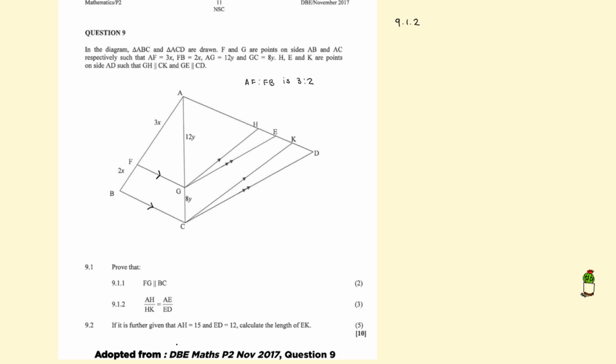So let's start off by looking at the triangle formed by the parallel lines GH and CK. You don't know what AH is and you don't know what HK is, but it's one of the ratios that you need to work out for this question. So you have a line drawn parallel to one side of a triangle, so this is just a straightforward application of that theorem.